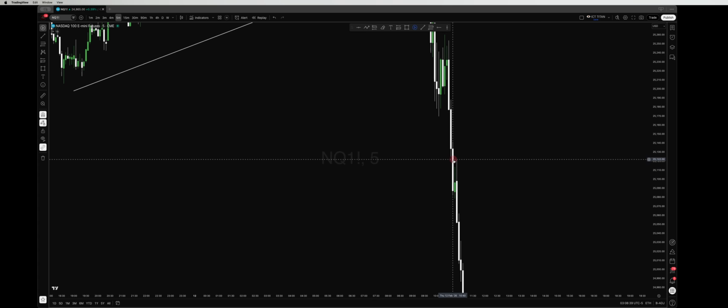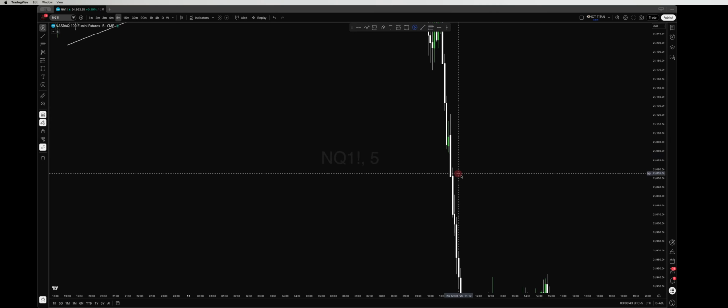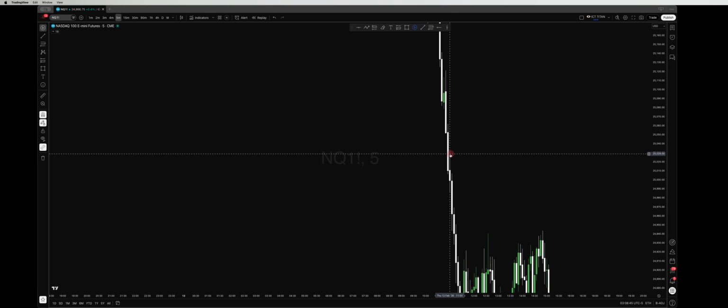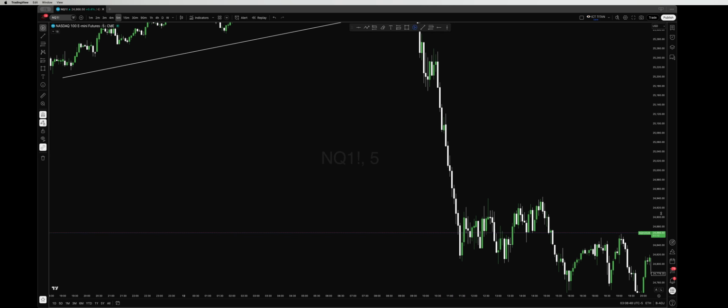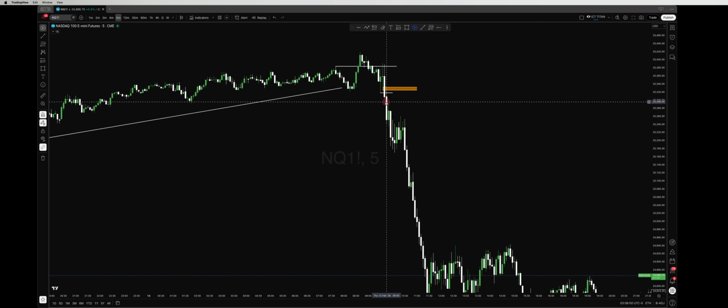This imbalance got partially filled, then again broke down, broke down, broke down. So this immediate rebalance is the catalyst to send price like this. The breakaway gaps: immediate rebalance triggers more breakaway gaps.